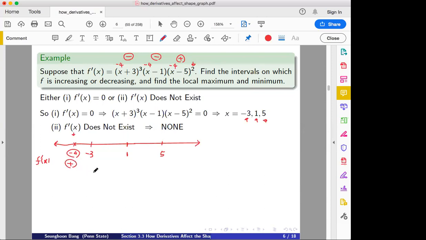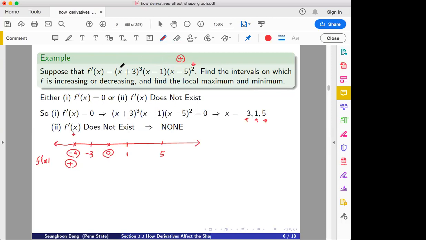So the first one is positive. Next, choose a test number between negative 3 and 1. Which number do you want to choose? Okay, good, 0.